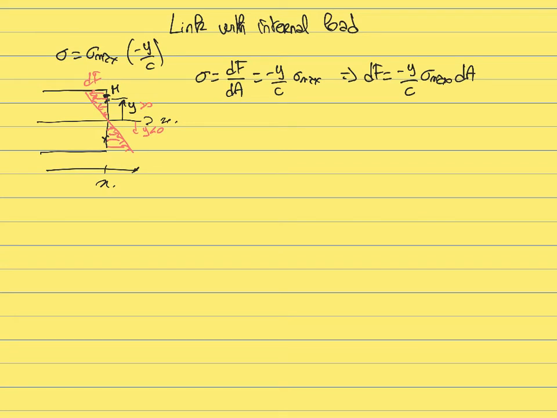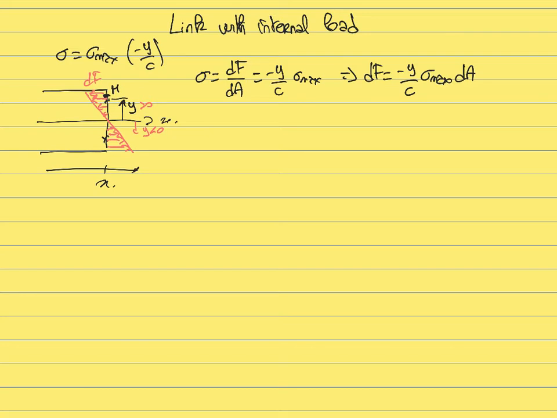So now the question is, now that I have all those small forces that are applied by the right part of the beam to the left part of the beam, I also know that if I use the method of section, if I cut this beam here, then I know the total force that is applied by the right part of the beam to the left part of the beam. Why?